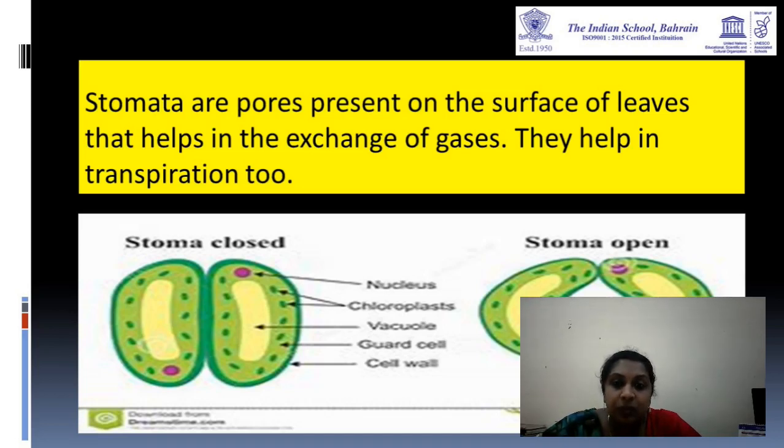When the stomatal pore remains open, there is a chance for the plants to lose a large amount of water. The stomatal pore remains open when the plants require carbon dioxide for photosynthesis. So, the stomatal pore should not be open for a long period of time because there is a chance for the plants to lose water. The stomatal pore needs to be closed.